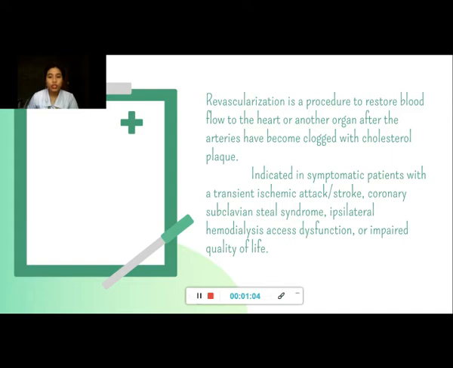It's a procedure to restore blood flow to the heart or another organ after the arteries have been plugged with cholesterol or plaque. So it is indicated in symptomatic patients with transient ischemic attack or stroke, coronary subclavian steal syndrome, or ipsilateral hemodialysis access dysfunction or impaired quality of life.